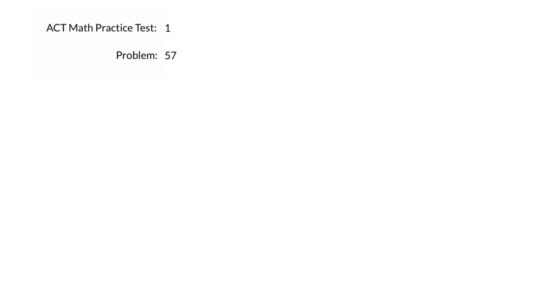Problem number 57 is deceptively easy because the truth of the matter is if you have an arithmetic sequence, for example, let's say the first term is 3, let's say the next term is 5, so everything goes up by 2. Let's imagine that. 9 and then 11. And let's say we have 5 terms or what have you.